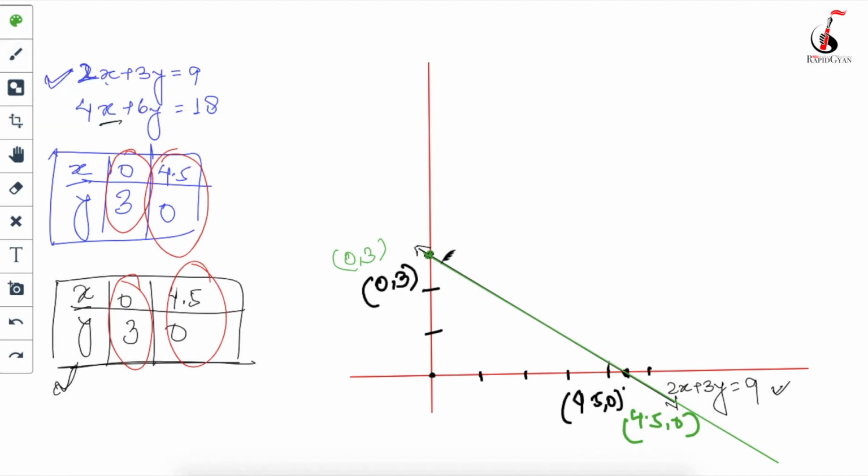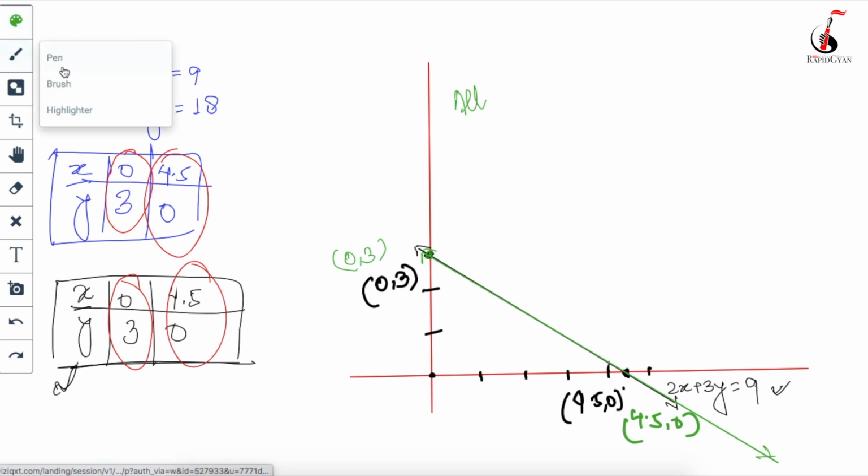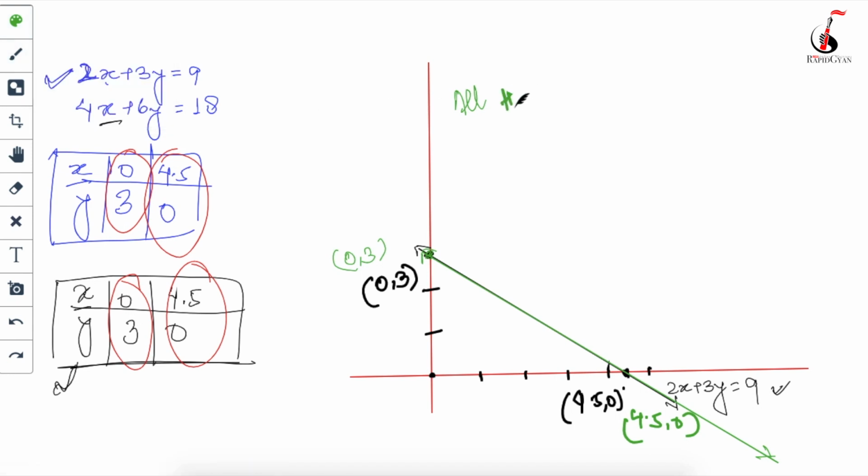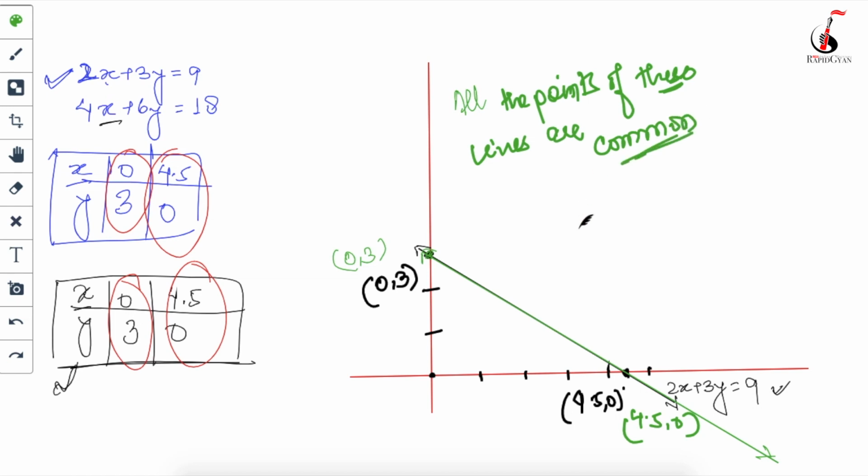So if this line is going to coincide with the other, what are the common points? You can say all the points lying on both the lines, all the points on these lines are common. So if all the points are common, it means this is going to have an infinite number of solutions.